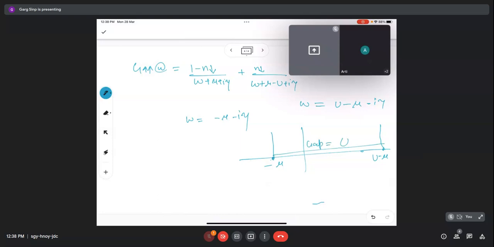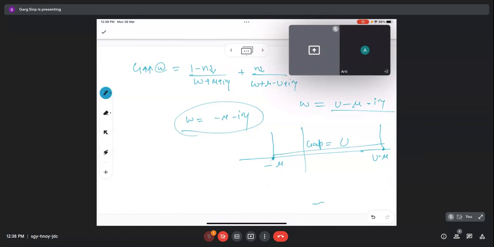It means if there is a downspin particle at that site, then the probability of having an upspin particle at some frequency omega has a pole u minus mu. But if there is no downspin particle at that site, then the probability of having an upspin particle with energy omega has only a pole at minus mu minus i eta. Okay, this is what you expect intuitively.